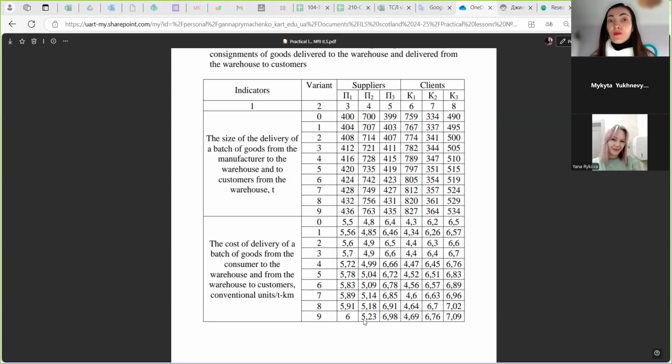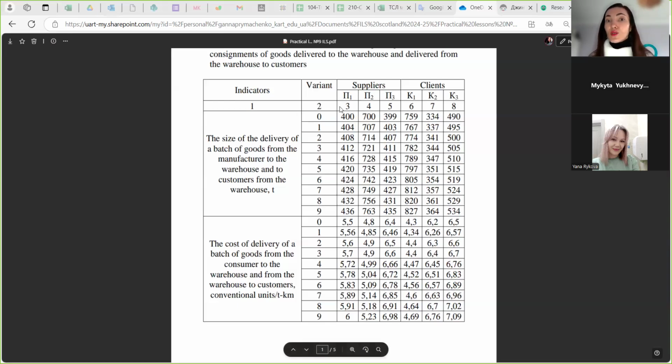Please find your tariff for first supplier. Last line, search column. For your variance, find this information in conversion units on 1 ton kilometers and multiply by the size of the delivery.